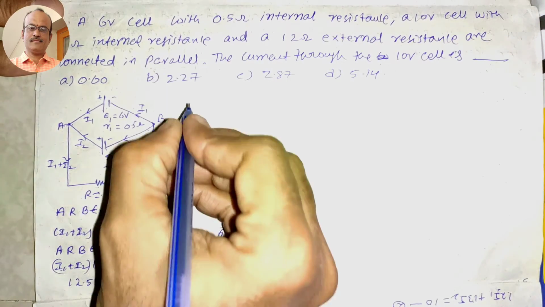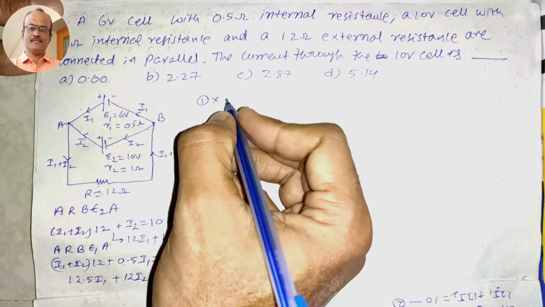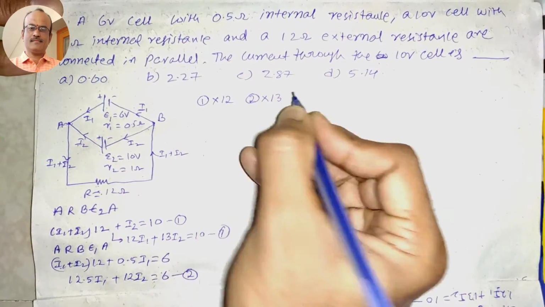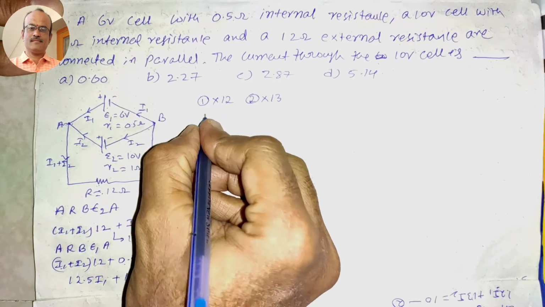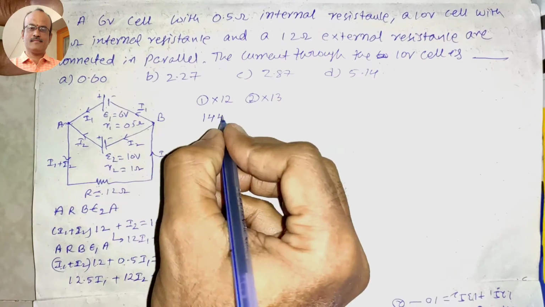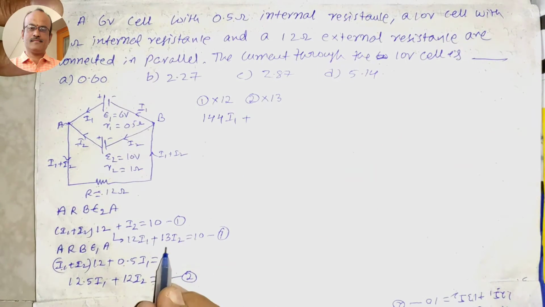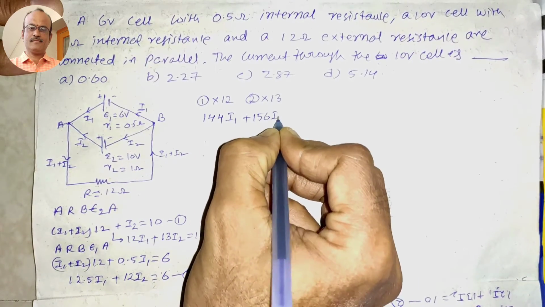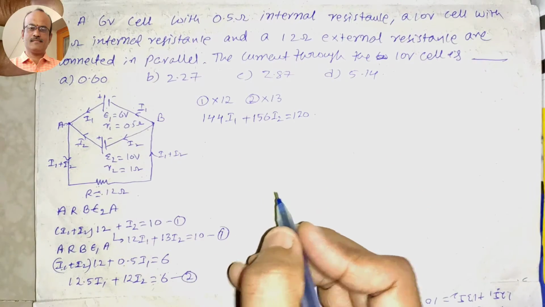Now here equation 1 is multiplied with the 12 and equation 2 is multiplied with the 13. So equation 1 multiplied with 12 means 144 I1 plus 12 into 13, 156 I2 is equal to 120.